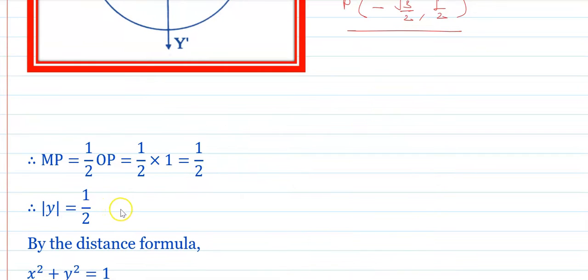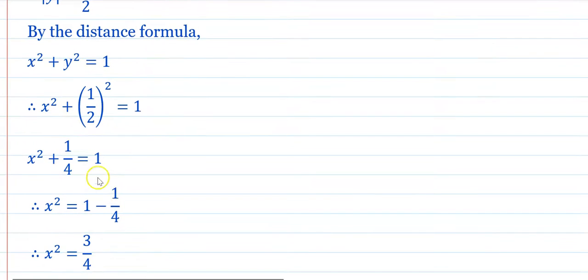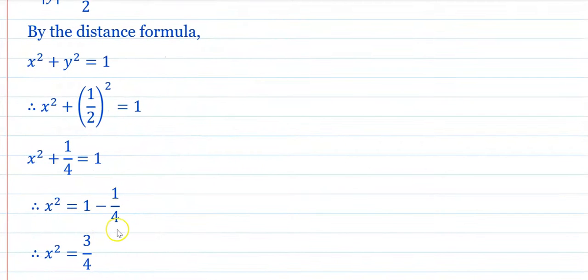It means that the coordinate of the point, that is mod of y, is equal to 1 upon 2. Again by the distance formula, x square plus y square is equal to 1. x square plus (1 upon 2) whole square is equal to 1. असंही आपण find out करू शकतो. x square plus 1 by 4 is equal to 1. Therefore, x square is 1 minus 1 by 4.